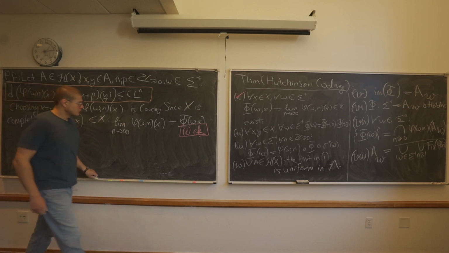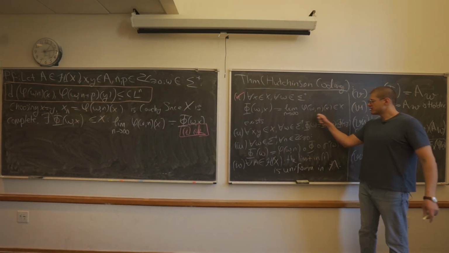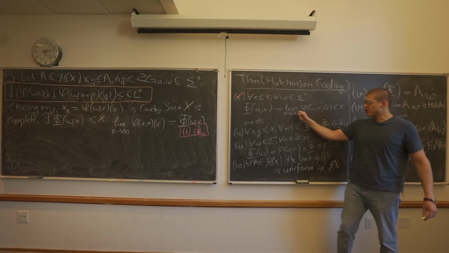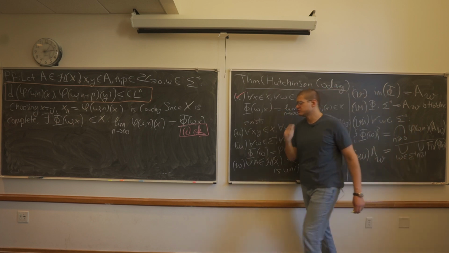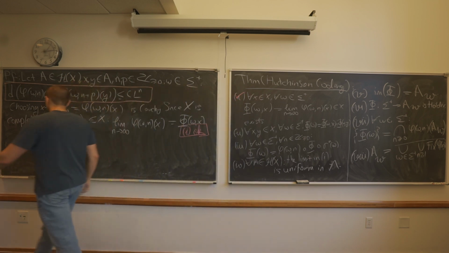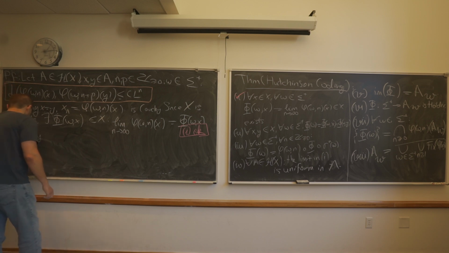So for 2, what I can do is look at the distance between this and phi of omega comma y. So I'm putting in the wrong initial condition and seeing if I can bound it.